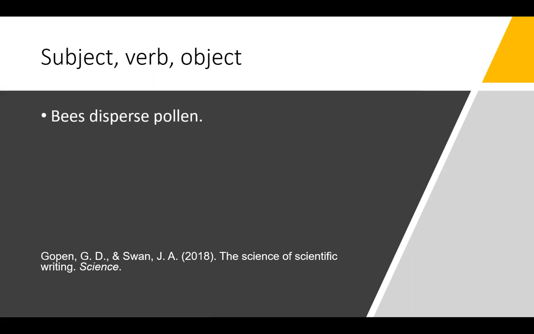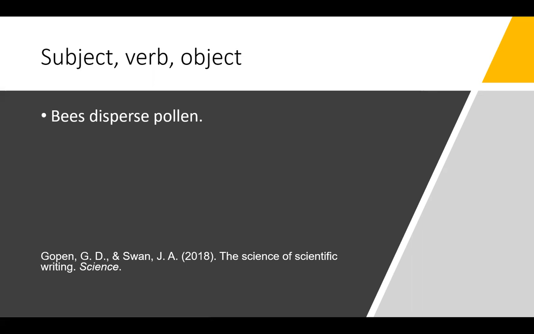So a couple of years ago, and I put the source down there, Goffin and Swan wrote this beautiful article called The Science of Scientific Writing. And in it, they included this sentence.